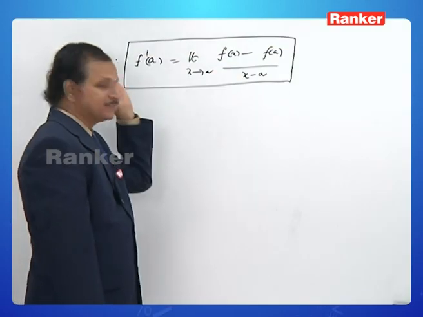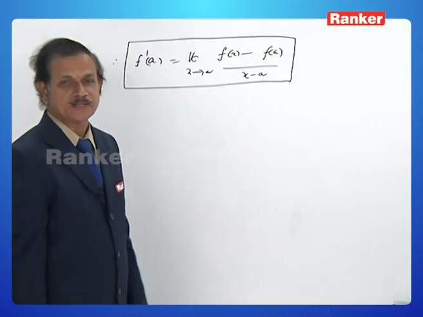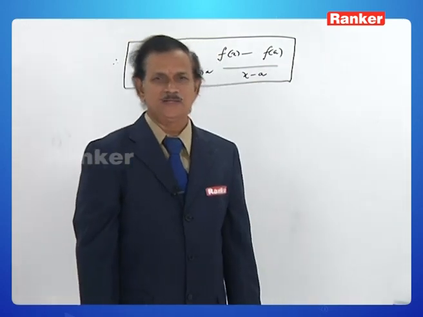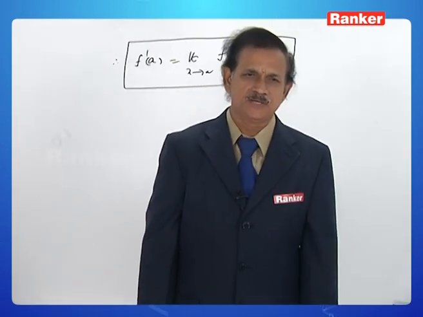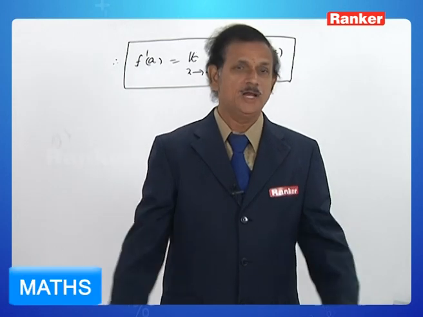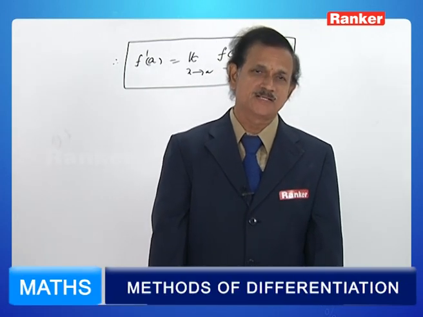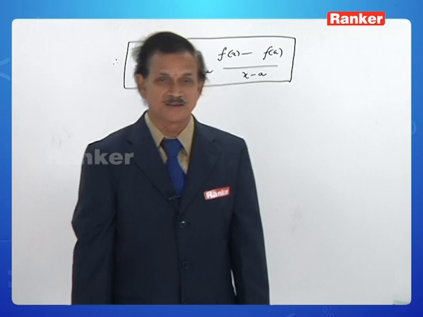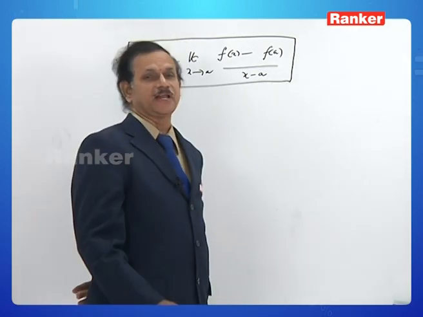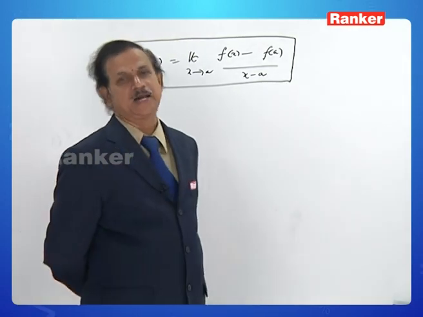If this limit exists, then f is derivable at x equal to A. So likewise, like continuity, derivability is also a local character. We generally speak just like that: f is derivable at x is equal to A or not.